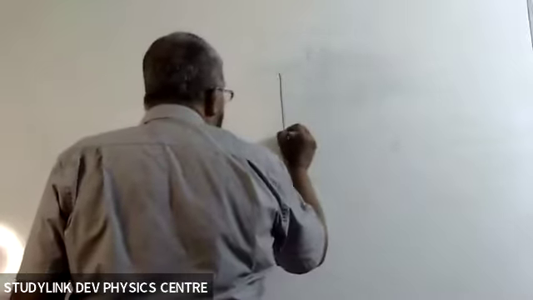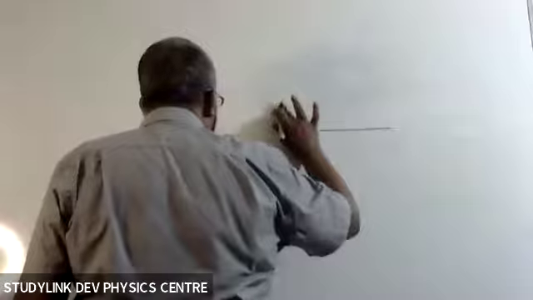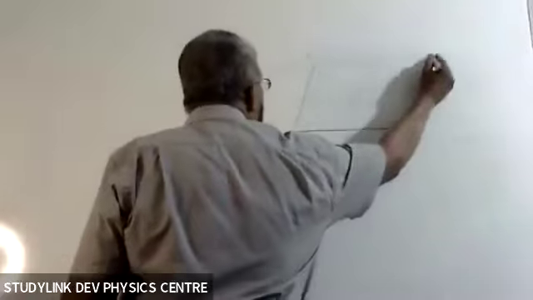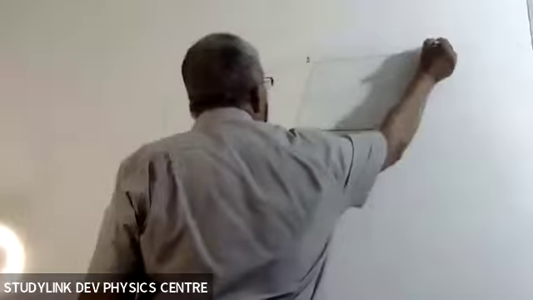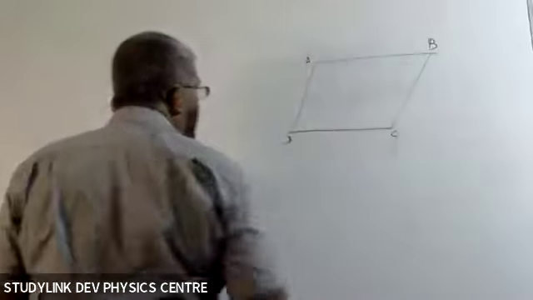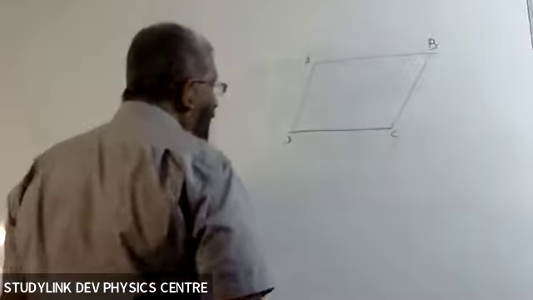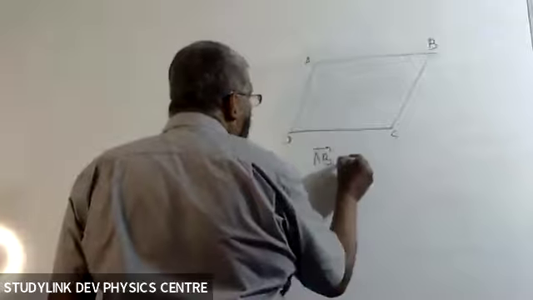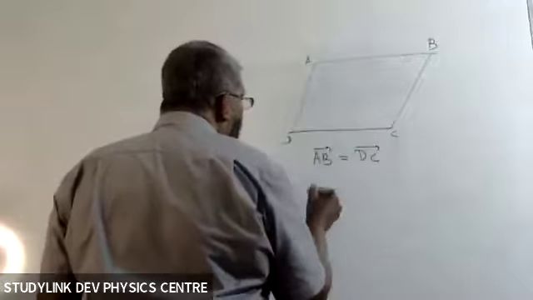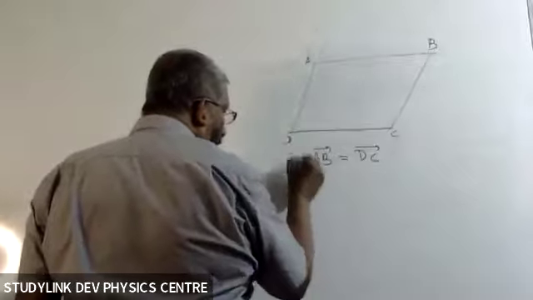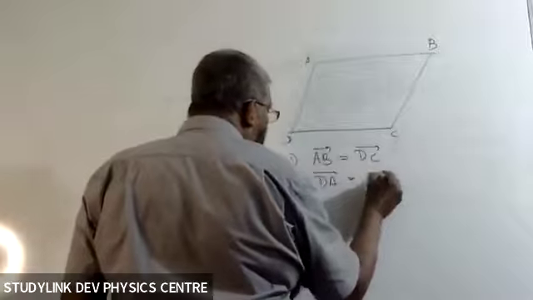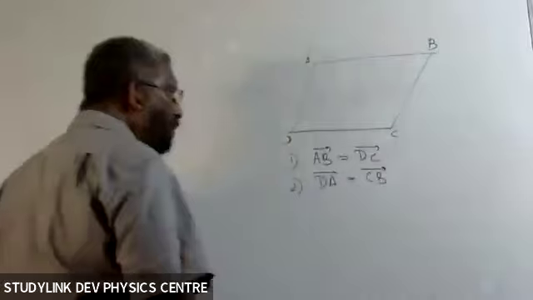ABCD is a parallelogram, then prove that vector AB is equal to vector DC. Number one. Number two, vector DA is equal to vector CB. These two you have to prove.